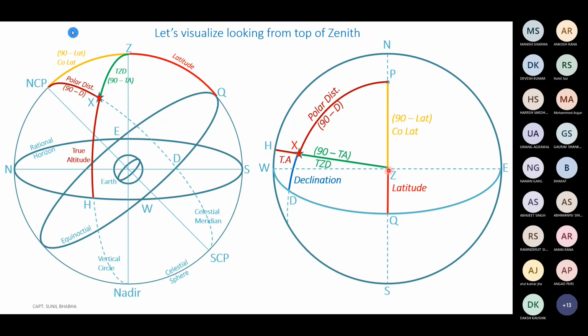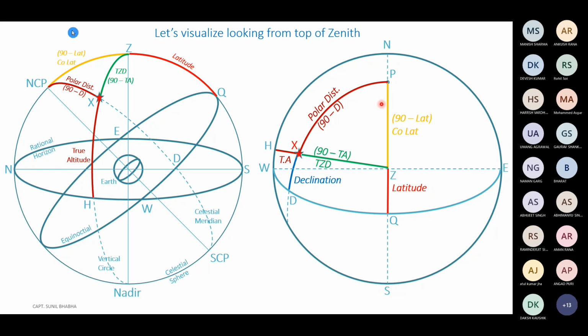So pole to zenith to Q point to S point represents the celestial meridian of the observer. And the side P to X to D is the celestial meridian of the heavenly body or star.